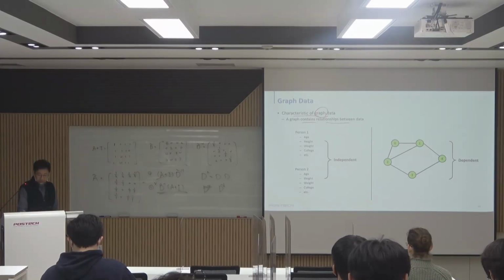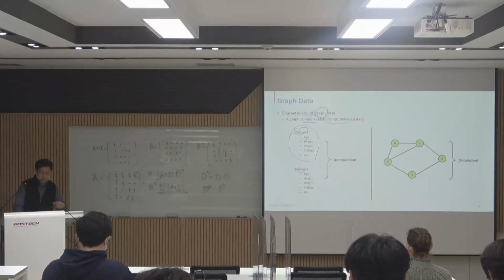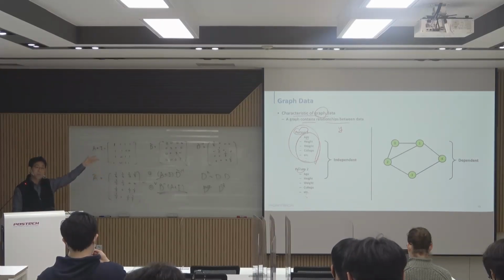Suppose you have many friends or persons, or groups of persons. These are the data. You can extract features out of them, say the first person's age, height, weight, and whether he went to college or not. You can extract a lot of features. And for supervised learning, there is some kind of Y, something you want to estimate from the extracted features. That is going to be your output.